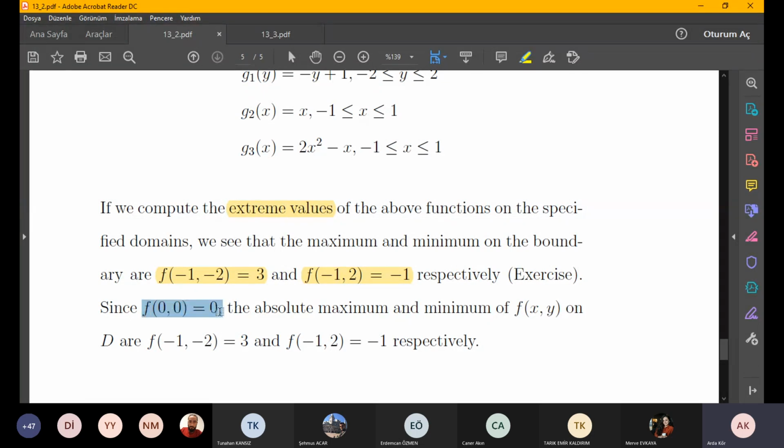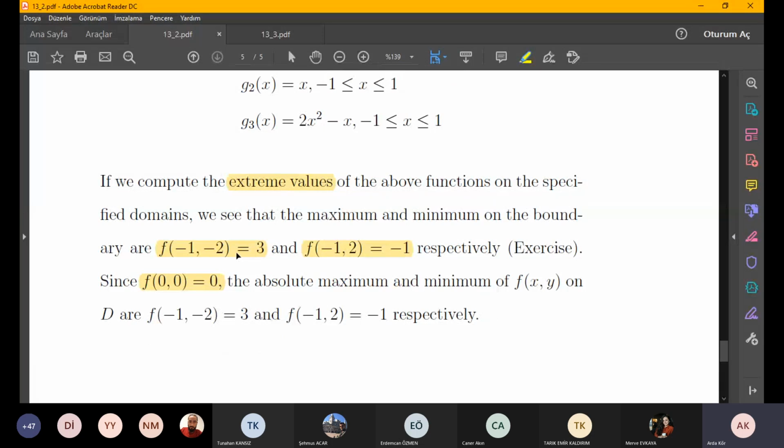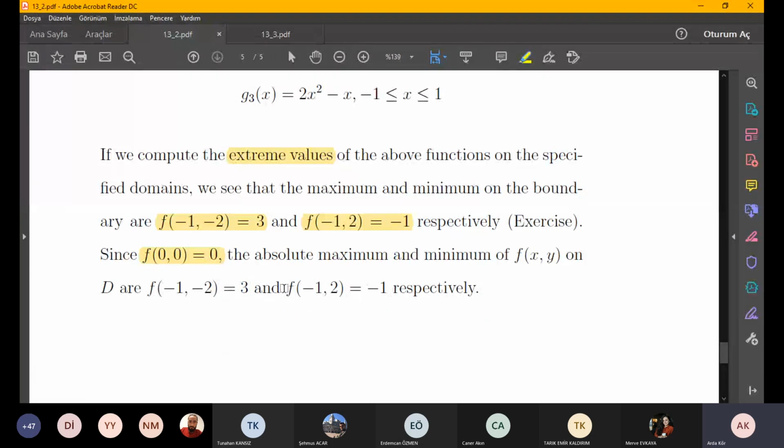So after that you compare all these values, 0, -1 and 3, and conclude that -1 is the smallest value here and 3 is the biggest one. So 3 is the absolute maximum and -1 is the absolute minimum value of the function on that triangular region D that we shaded above.